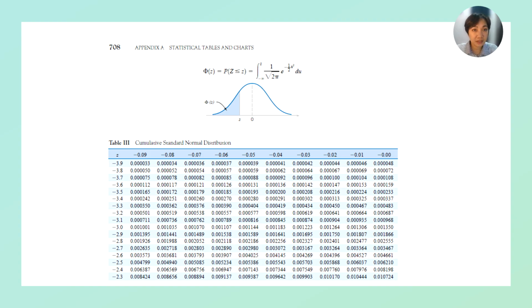If it's left-tailed, you will look at the left-tailed table. If it's right-tailed, you will look at the right-tailed table. If you see here, the shaded region is on the left part of the distribution. So this is a left-tailed table, and the z-scores here are negatives.